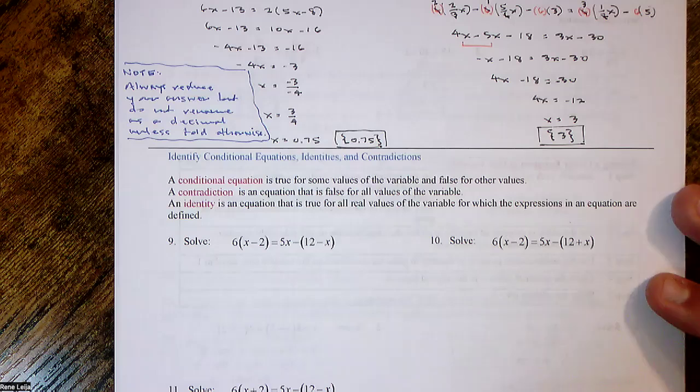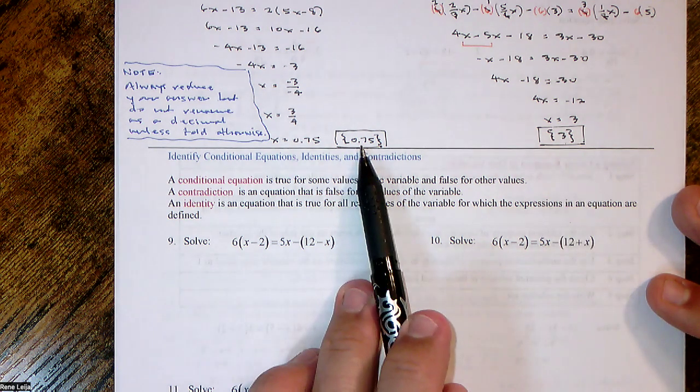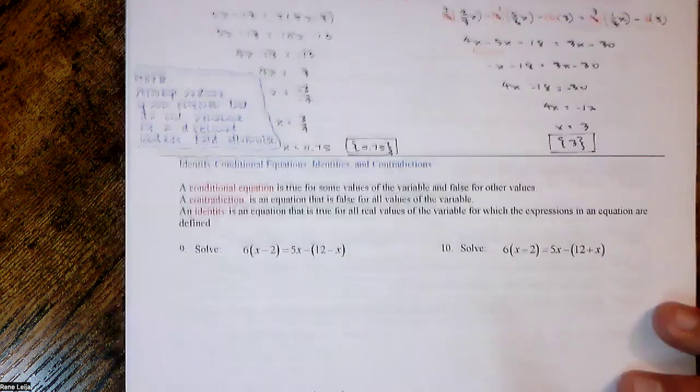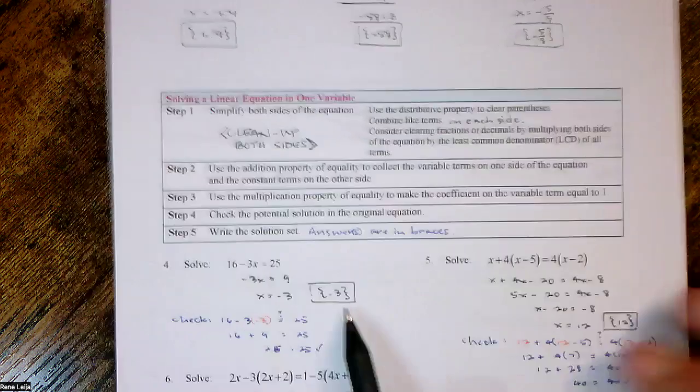When we get an answer, we get a solution, that's a conditional equation. It means that that equation is true provided that x would equal, in this case, 3. In this case, x equals 0.75. This equation is true provided that x equals 12. This one's true provided that x equals negative 3. Okay, so those are called a conditional equation.